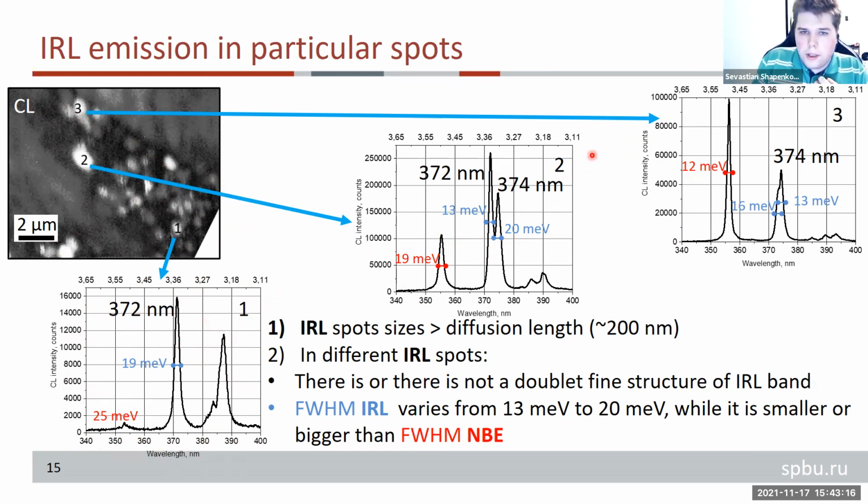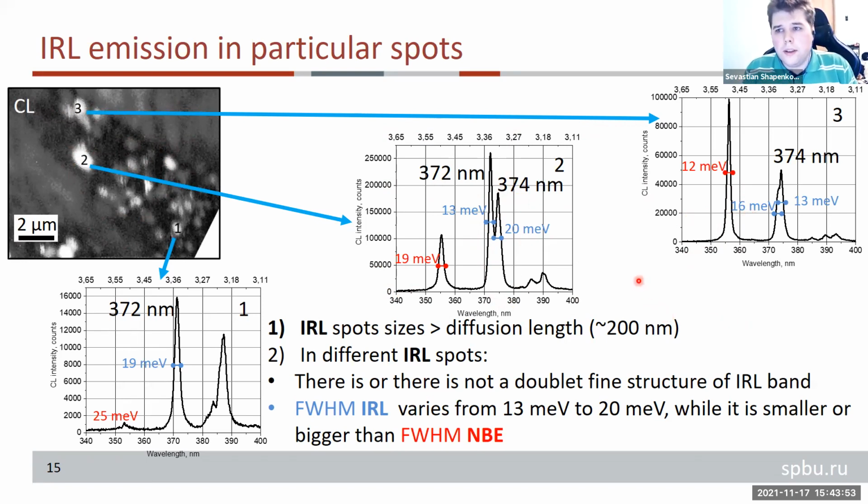In spectrum number 2, we have a well-resolved doublet with two peaks in the ERL position, which is characteristic for this region. And at the end of the dislocation branch, we have spectra like the third one, with a single strong peak and a weak peak, with worsened separation of the doublet.